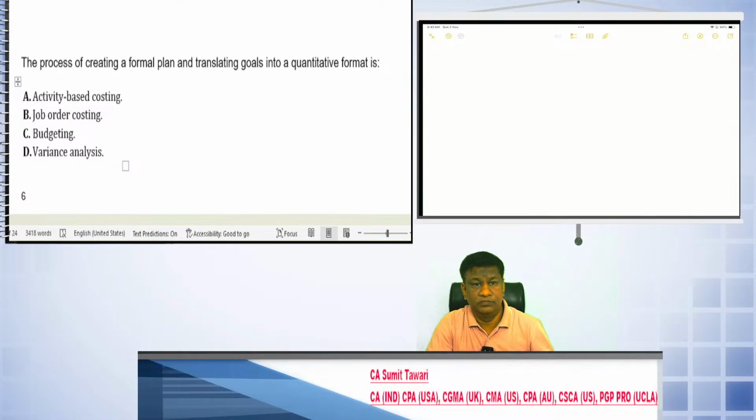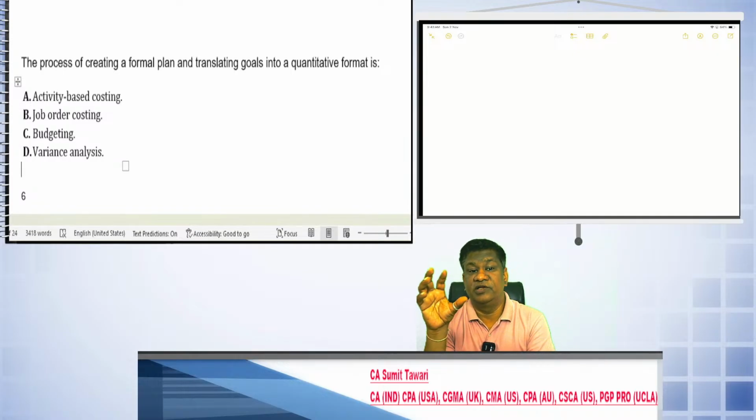A. ABC: the process of creating a formal plan and translating goals into a quantitative format. That is basically the budget. ABC is activity-based costing, where we calculate the cost on the basis of several activities.